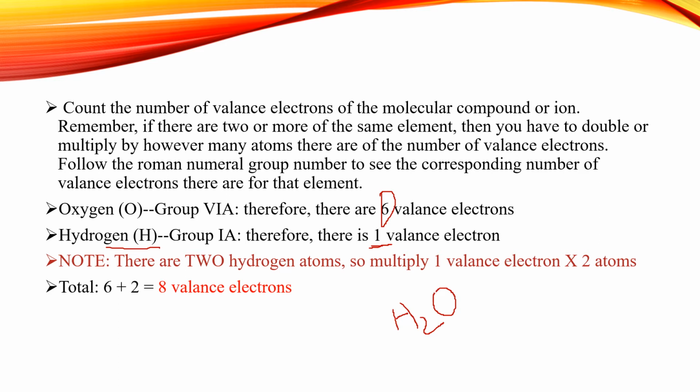So આપણે અહીંયા હાઇડ્રોજન કેટલા છે? 2 અને ઓક્સિજન 1 છે. So you have to remember: there are 2 hydrogen atoms, so multiply 1 valence electron by 2 atoms. So the total number of valence electrons is 8: oxygen has 6 and hydrogen has 2.